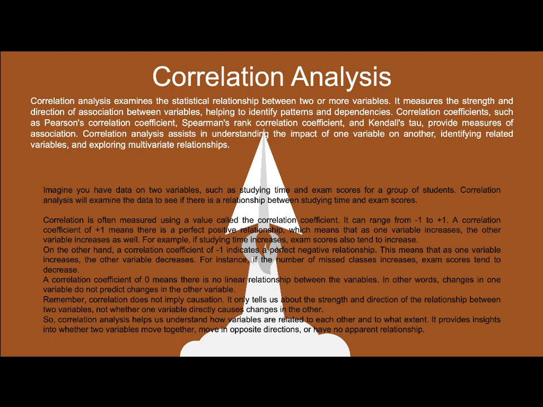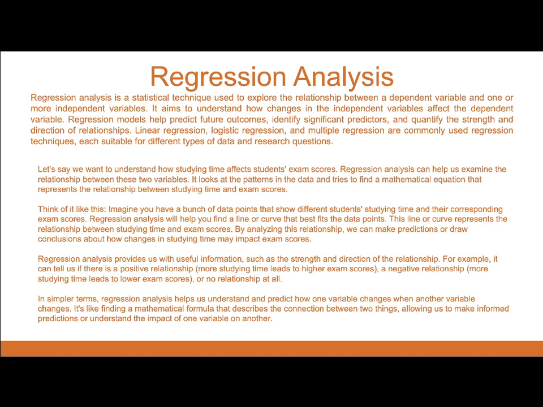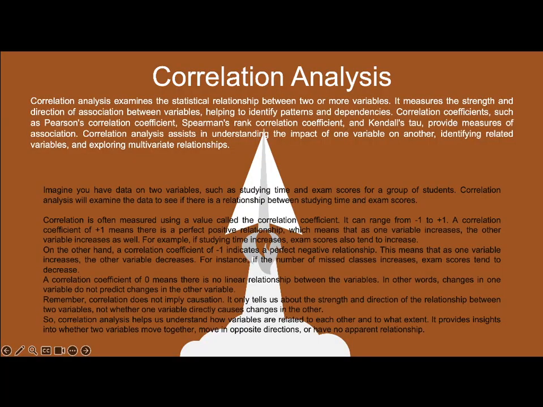So you can see here, it's a bit different from the regression analysis, whereby you can see only between two variables, while with the correlation you can see many variables and patterns.